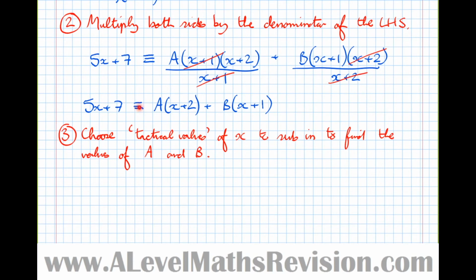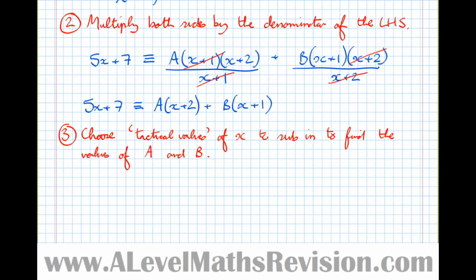We can sub in any value of x we want and have this work. So there's some values to sub in that are easier than others. We can sub in any two values of x that we want to get two simultaneous equations in A and B. So if we wanted, we could sub in x equals 100 to get one set of simultaneous equations in A and B, and x equals 750 to get another set.